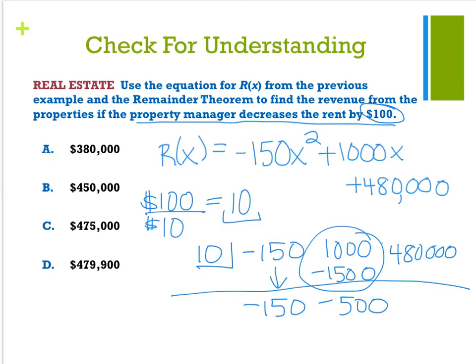And if I multiply negative 500 times 10, that gives me negative 5,000. So I subtract 5,000 from 480,000, that gives me $475,000. So my answer here should be C, $475,000. That is the amount of revenue that the property manager will create by decreasing rent by $100.